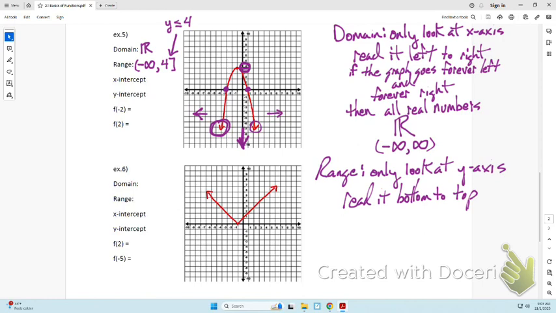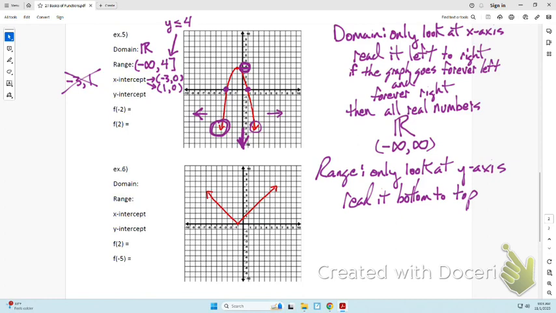Just be careful how you write it. I would write them as coordinates. If you write it like this, that looks like a coordinate all by itself. Please don't write it like that.